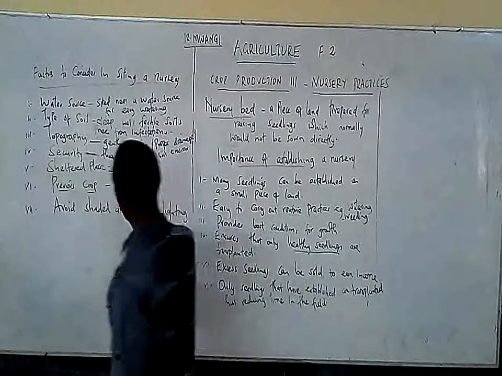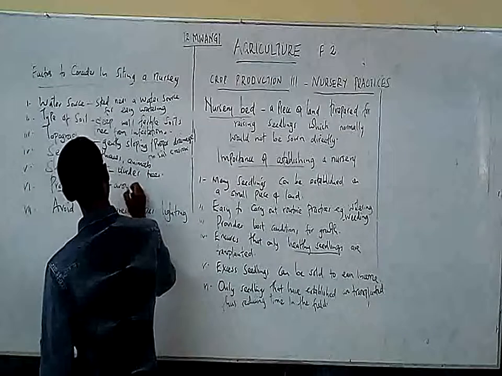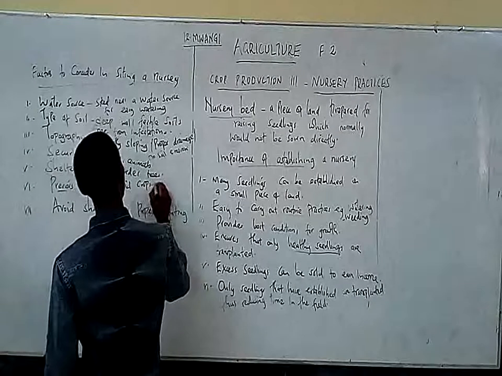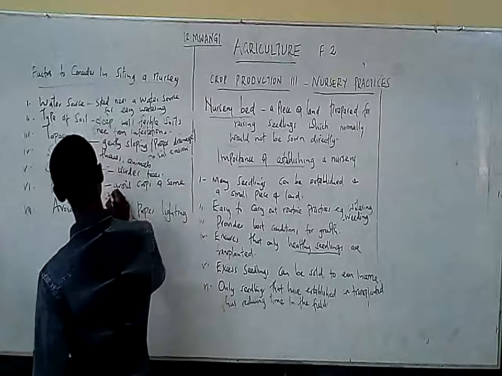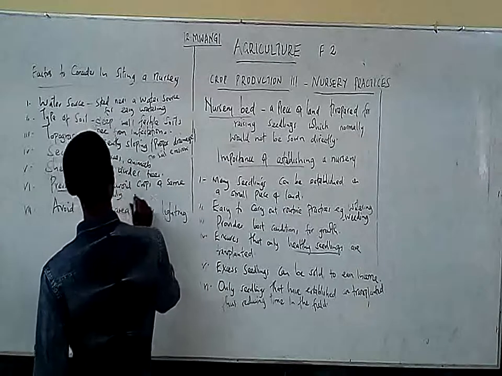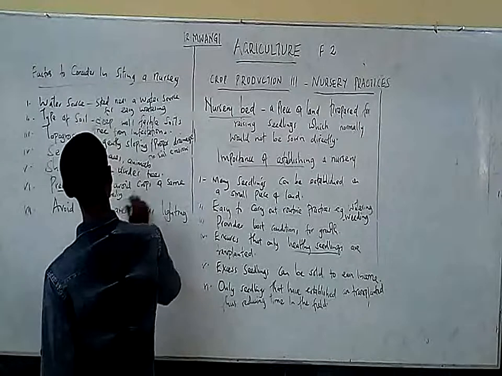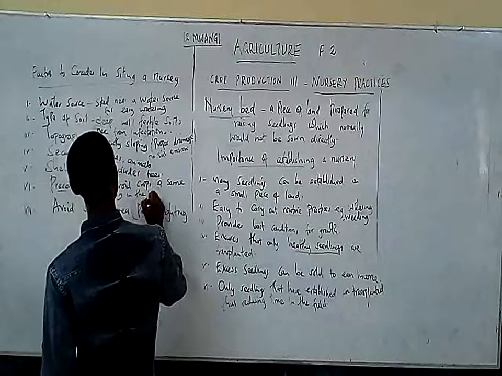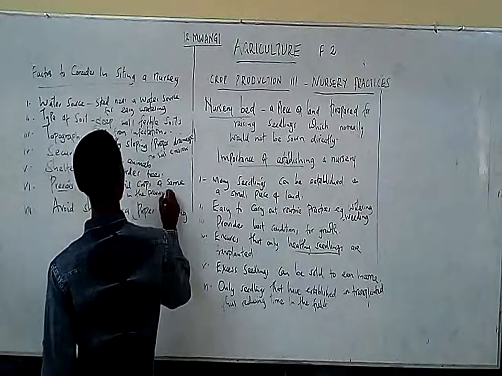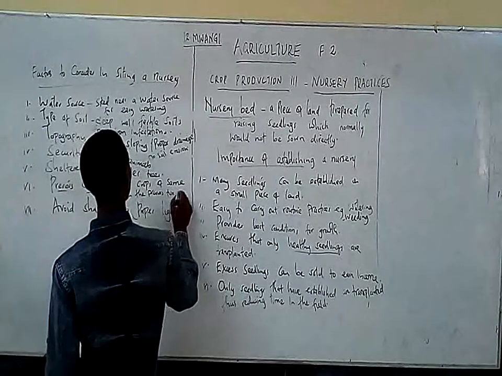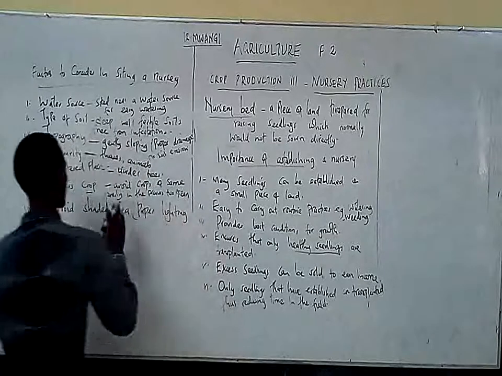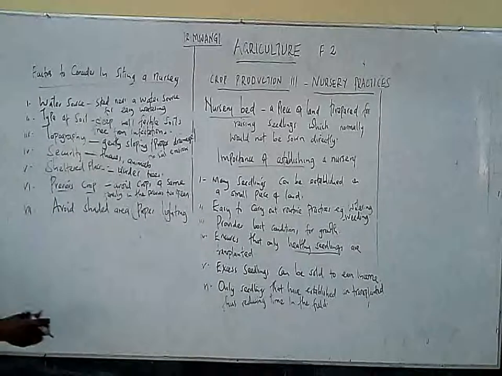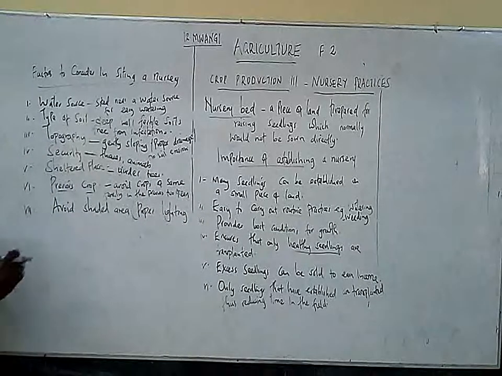So previous crop, avoid crops of the same family in the previous 2 years. So in the previous 2 years, they should not follow each other. There must be that alternation of maybe 2 to 3 years.